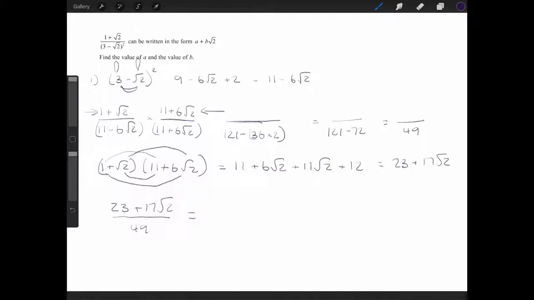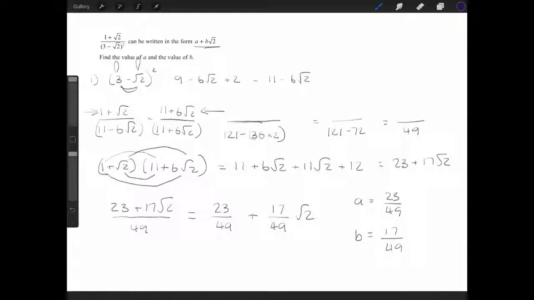So I'm going to write this out as two different fractions, and I'm going to say that it's 23 over 49, add 17 over 49 root 2. And at that point, I'm in the format A plus B root 2. So A equals 23 over 49, and B equals 17 over 49.